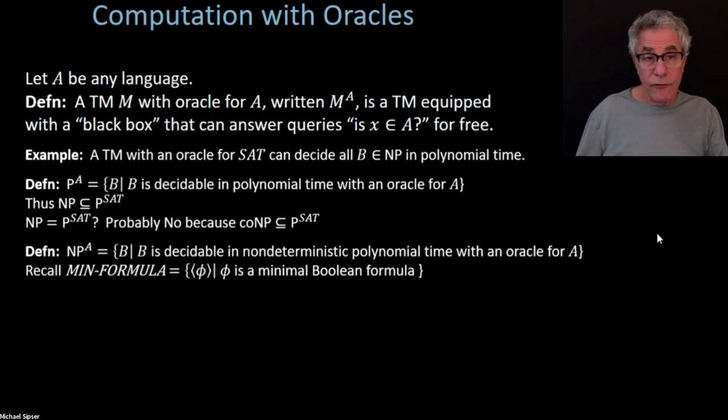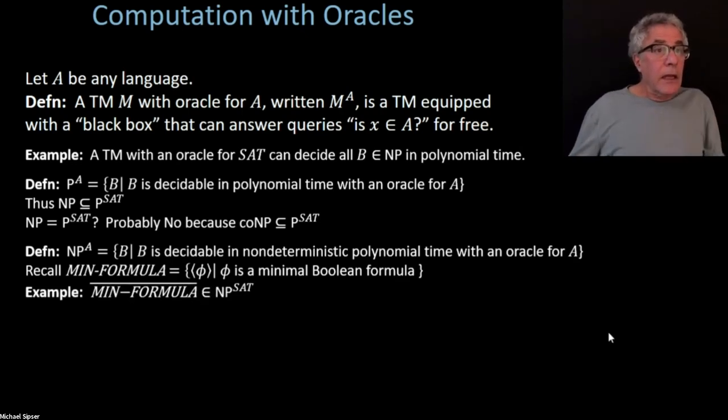So you showed, for example, that language is in PSpace, as I recall. And there was yet another two problems about that language. The complement of the min formula problem is in NP with a SAT oracle. So mull that over for a second, and then we'll see why.